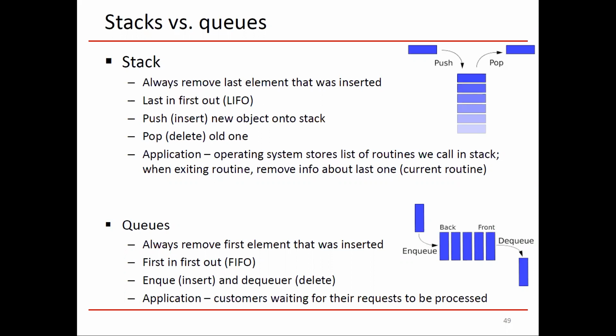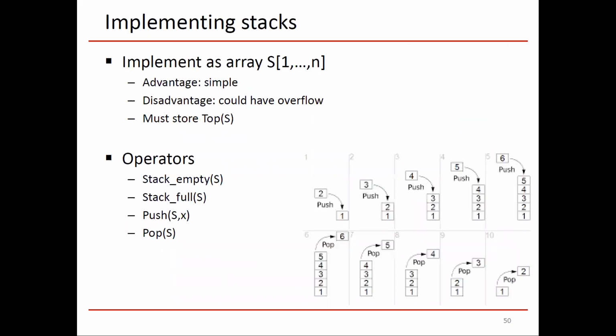So in a queue, we're always removing the first element that was inserted, meaning it was inserted long ago. That ensures a style of fairness, and this is first in, first out, or FIFO, order. Again, the application could be customers waiting for their requests to be processed. Enqueuing and dequeuing correspond to insertion and deleting.